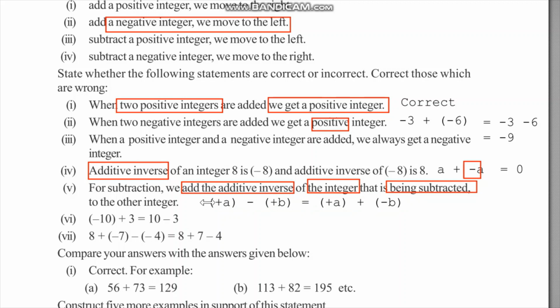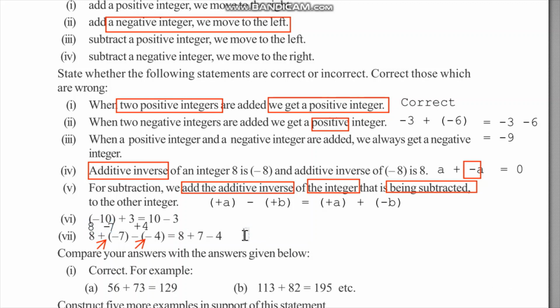We have learned that this situation we can simplify to plus 4, because minus of minus is plus. And this operation of plus of minus 7 is as good as saying just minus 7. So this statement actually simplifies to 8 minus 7 plus 4.